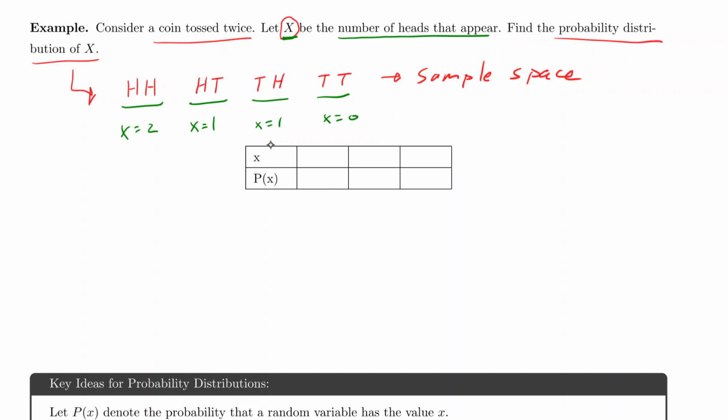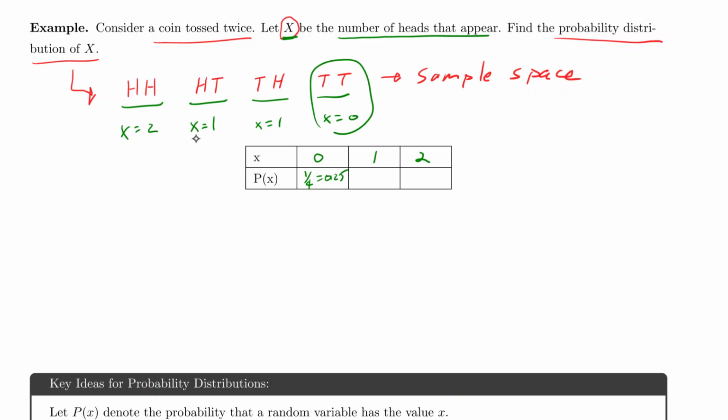So we can organize this in a table. We call it the probability distribution. X can be 0, 1, or 2 in this case. And we write down the corresponding probability for each value of the random variable. So in total there are 4 outcomes, and for 0 there's only one case. So this will be 1 out of 4, which is also 0.25 if you write it in decimal.